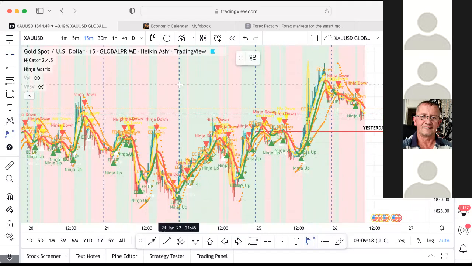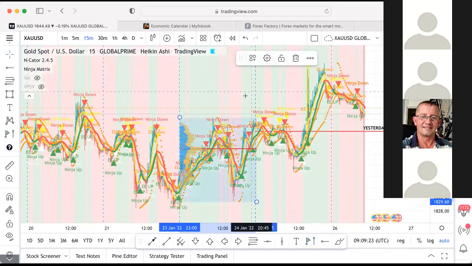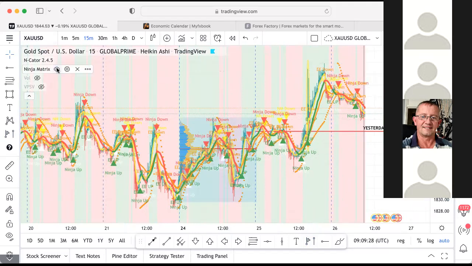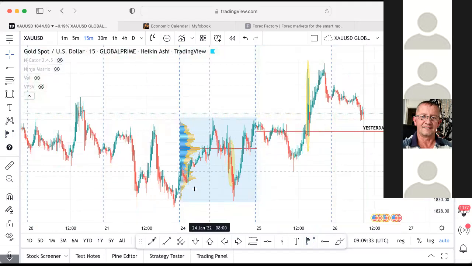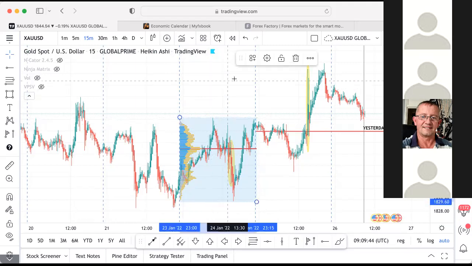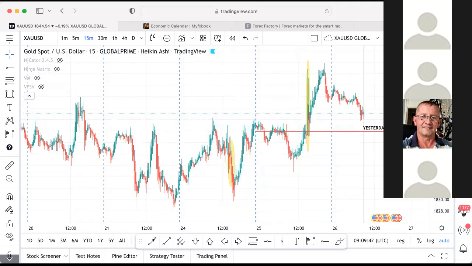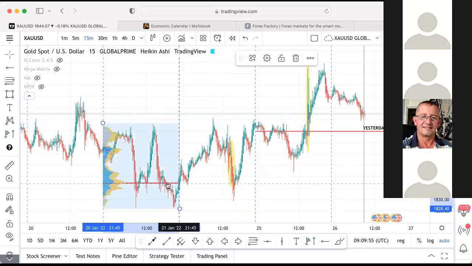There we go. So that's Monday's POC. Take off the matrix, take off an indicator. So this is Monday the 24th. And so we would have been working off Friday's, wouldn't we? If I put the fixed range volume on, this is Friday, and that's the end of Friday.